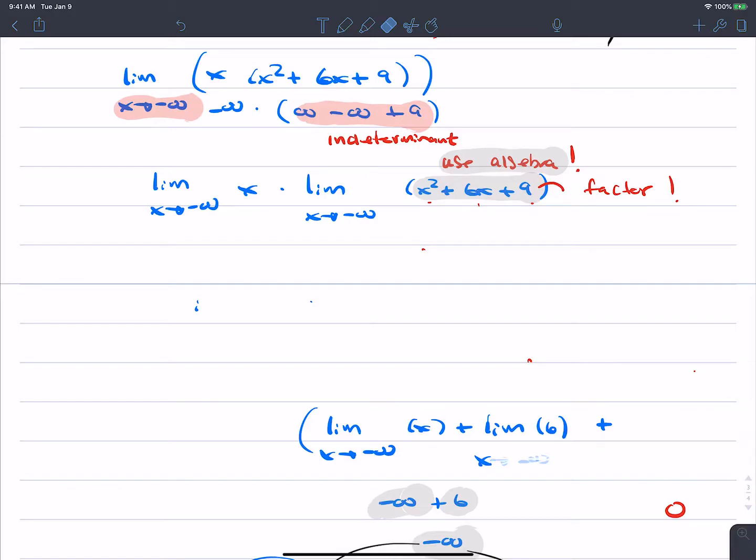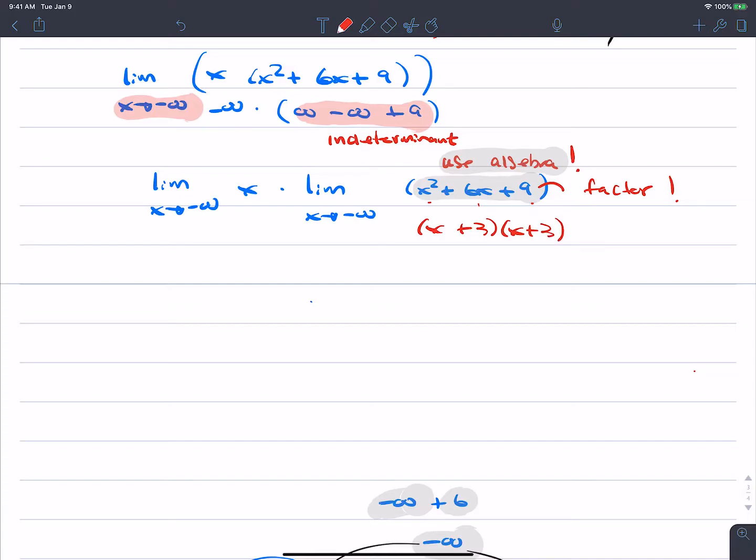I wonder if you can increase the size of the eraser on this. Here we go. All right. Let's try to factor that. This is x plus 3 times what? X plus 3. So that would be a nicer way to do this.